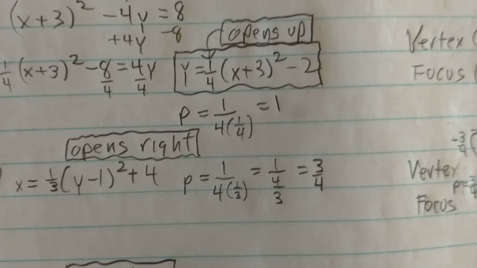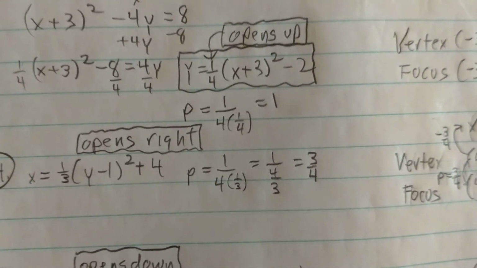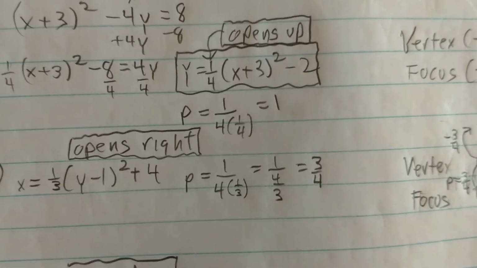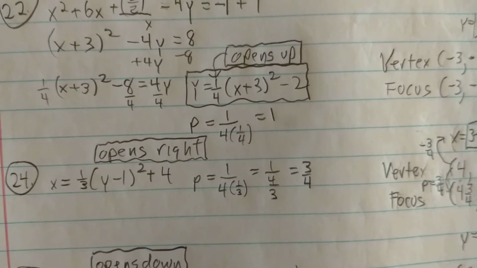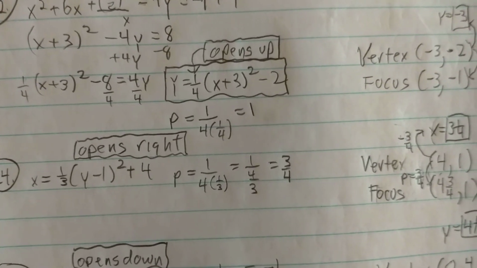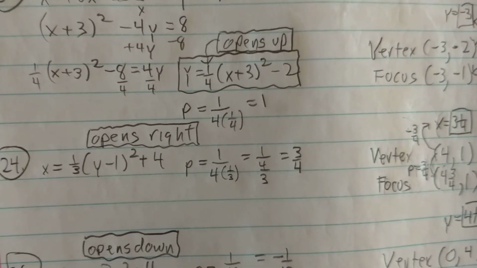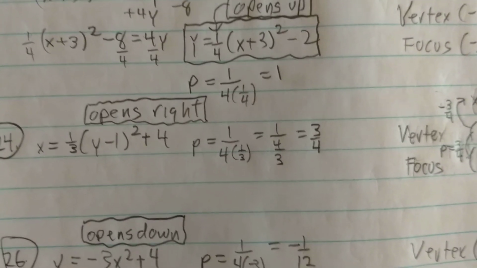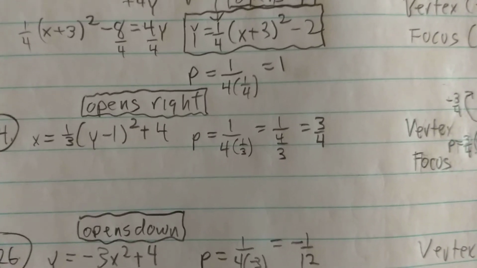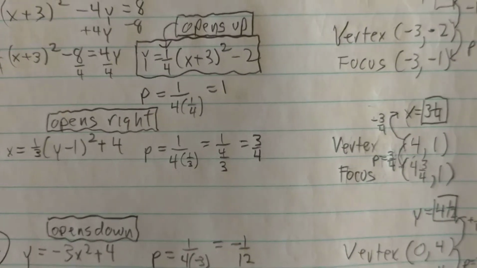And we're going to add the 4y over and subtract the 8 to get them on the other side. So we have x plus 3 squared minus 8 equals 4y. We divide everything by 4 to get y equals. So that gives us y equals 1/4 times x plus 3 squared minus 2. So that's going to open up.